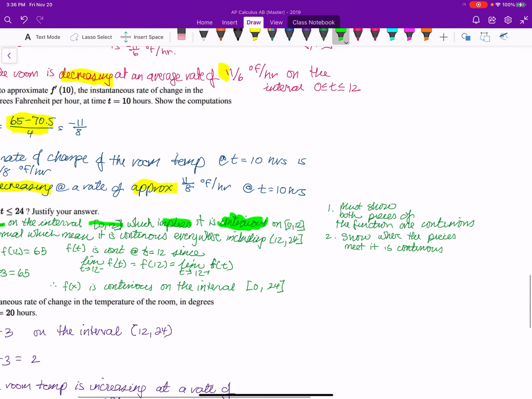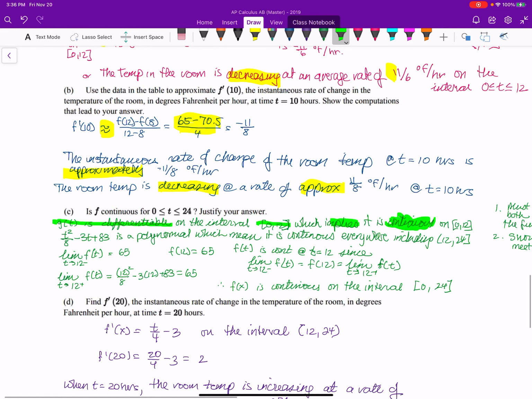So here I wrote a little summary of what needs to be done. You must show both pieces of the function are continuous and show where the pieces meet is continuous. So those 2 things have to be covered. Just as if there were 3 pieces, you have to check all of those spots. They're not going to do that, I don't think.